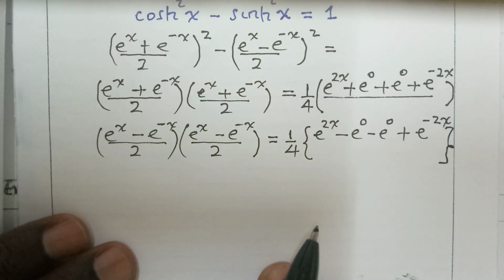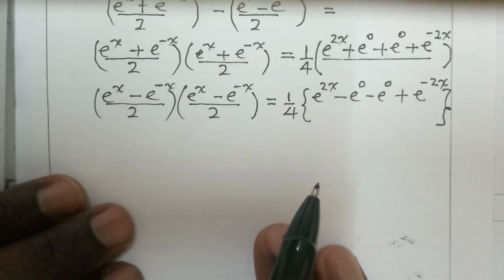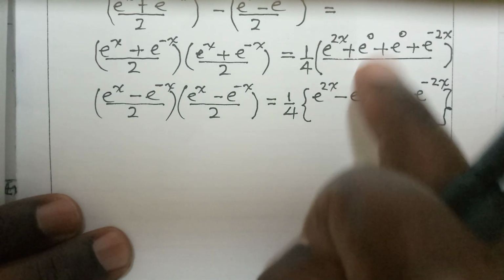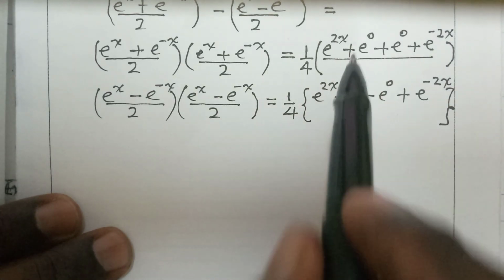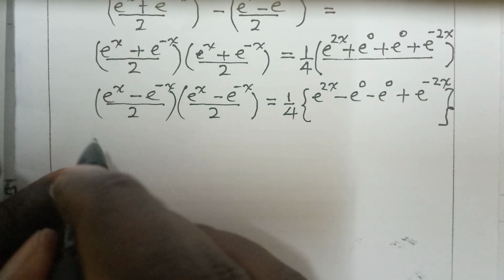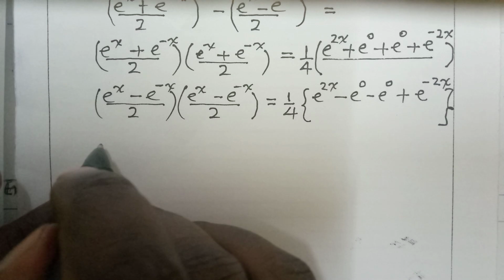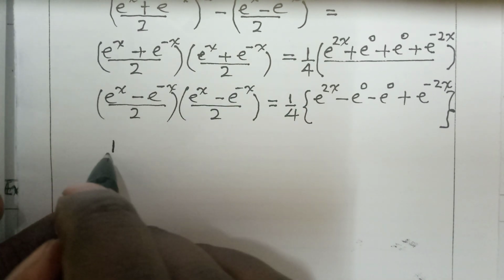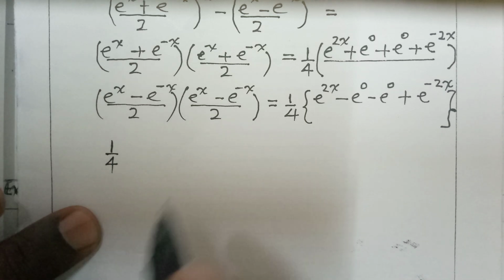So guys, we continue. Now we are going to subtract this from that, this from that. So we will write here 1/4, that is 1 over 4.